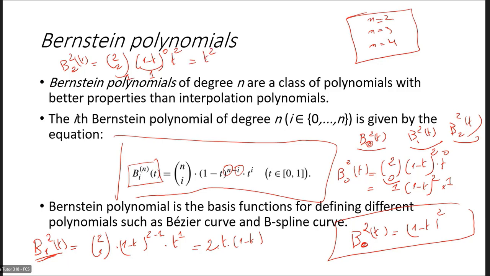Now we have B0,2 of t, B1,2 of t, and B2,2 of t. Now we can extract the formula.